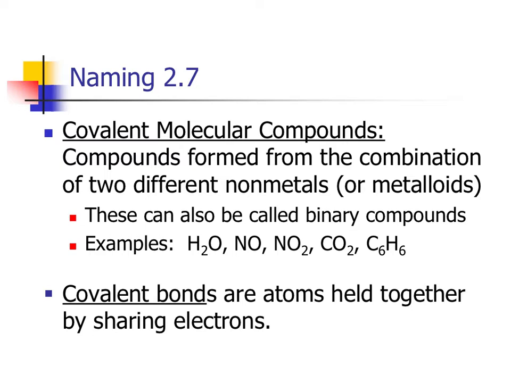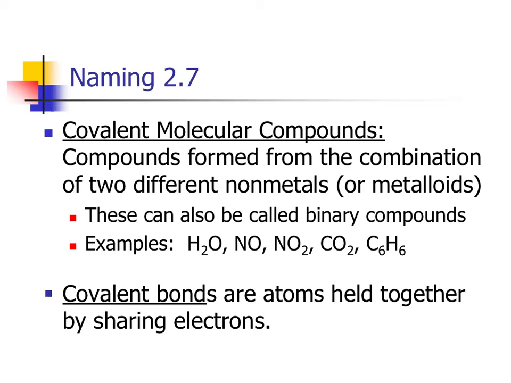All covalent molecular compounds, or sometimes just called covalent compounds, always are going to start with a non-metal. So when we look at our non-metals, we can see that all of these compounds start with a non-metal. They also have another non-metal attached to them in some manner.